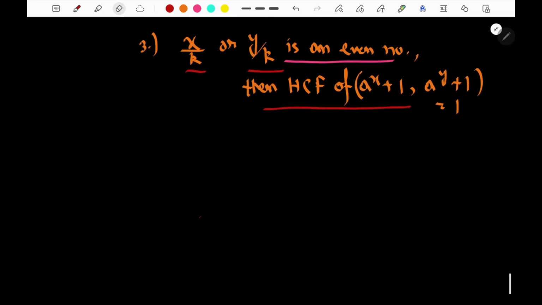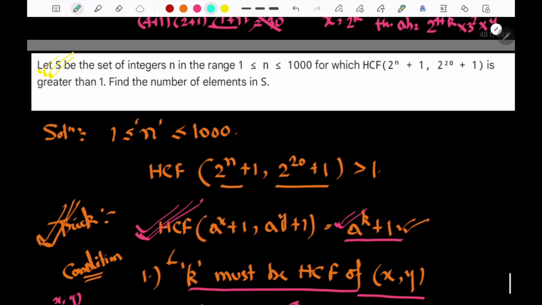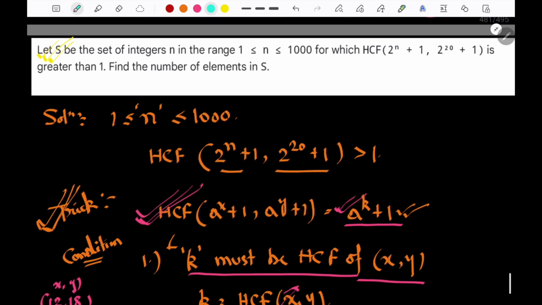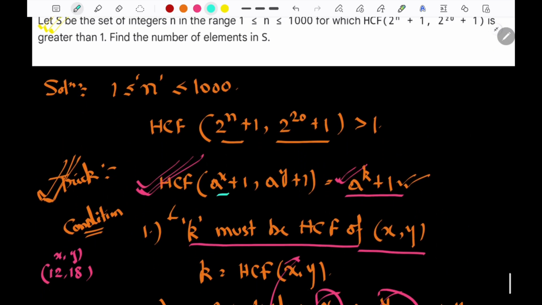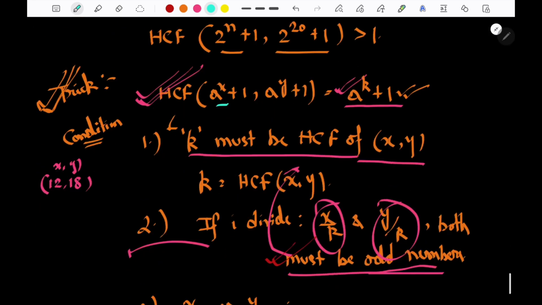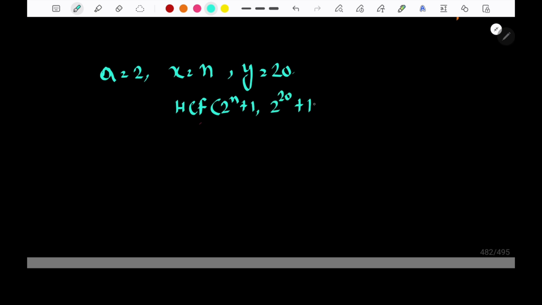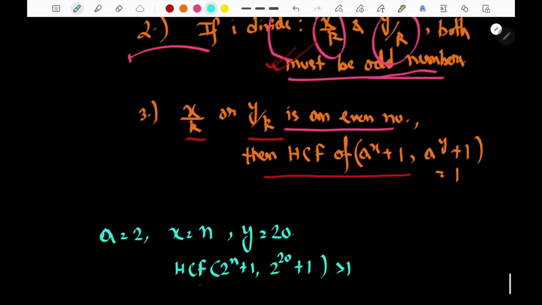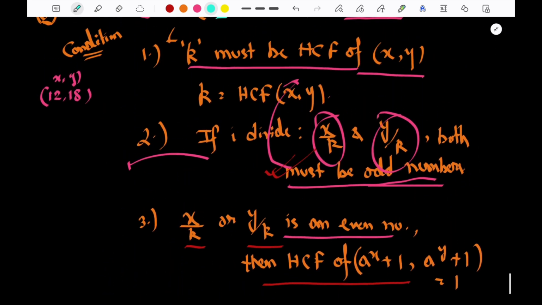Now think of one thing, what we are required to do. So for our problem, what is written here? A is equal to 2, X is equal to n, Y is equal to 20. Now what do we need? HCF of 2 to the power n plus 1, 2 to the power 20 plus 1, that is greater than 1. So it means if we see the property, which form shall it be?